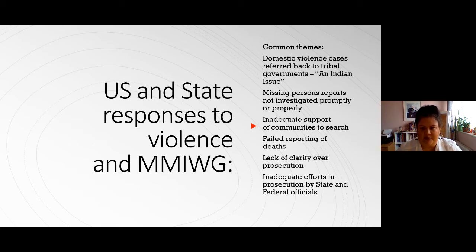And so missing reports are not investigated properly. Again, as I said, there's inadequate support in the communities. A lot of times it's our own people looking for each other. There's failed reporting of deaths because of this jurisdictional maze, not knowing exactly who has jurisdiction over investigating, which results in a lack of clarity over prosecution and inadequate efforts.